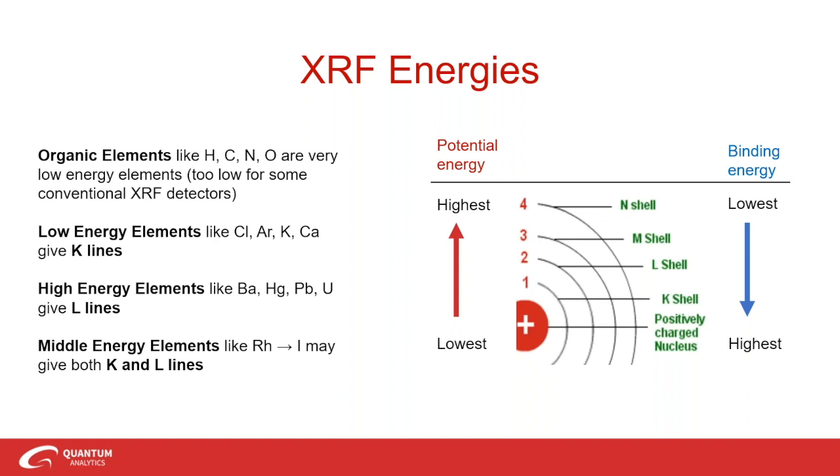These give you the K lines, and the L peaks from these elements are just too low in energy. High energy elements like barium, mercury, lead, uranium give L lines. The K peaks from these elements are too high in energy. And then the middle energy elements, like rhodium all the way to iodine, may give you information in both K and L lines.